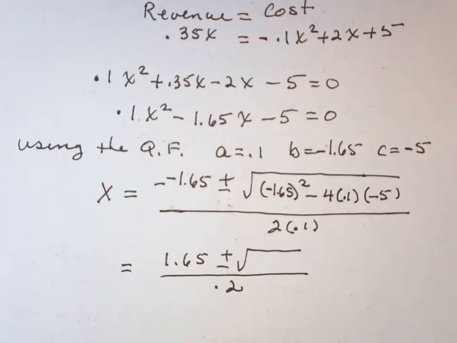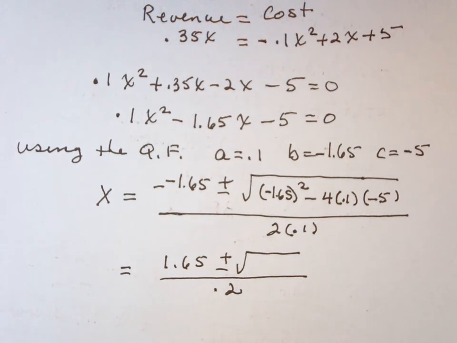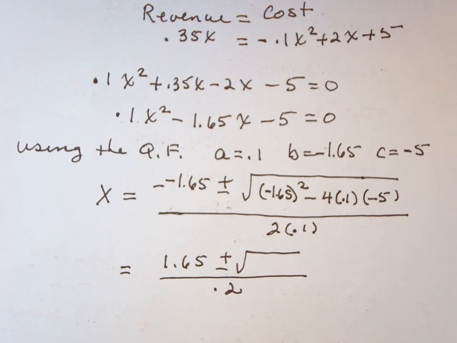So now I go to my handy dandy little calculator and I find out what's under that radical. So clear. Parenthesis negative 1.65 parenthesis squared minus 4 times 0.1 times negative 5.